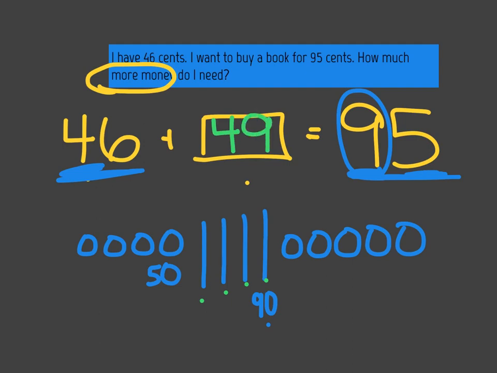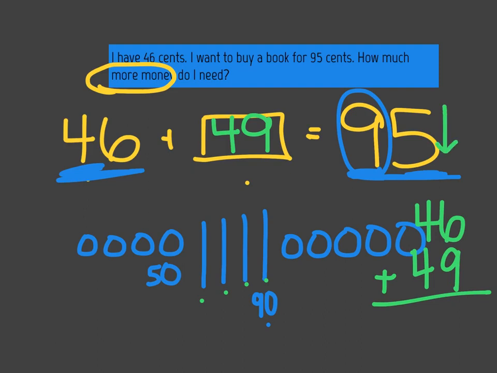Now I can check using addition. I'll just try to write it over here. 46 plus 49. I'm going to do new group above. So I'm starting here in the ones place. 6 plus 9. So 6, 7, 8, 9, 10, 11, 12, 13, 14, 15. 15, the 5 is in the ones place, so I put it down here in the ones.